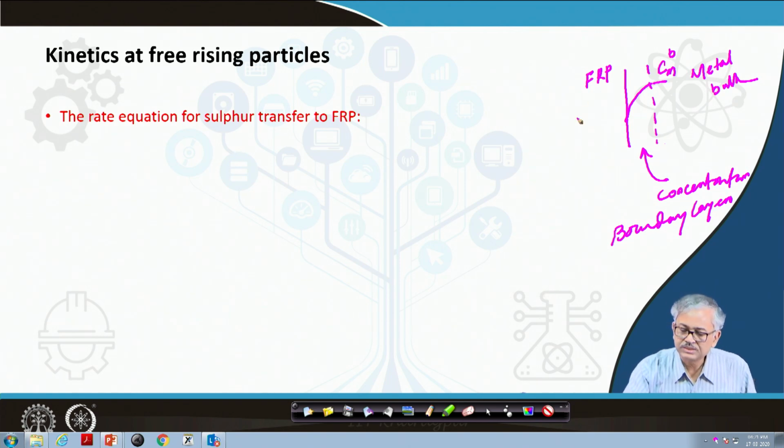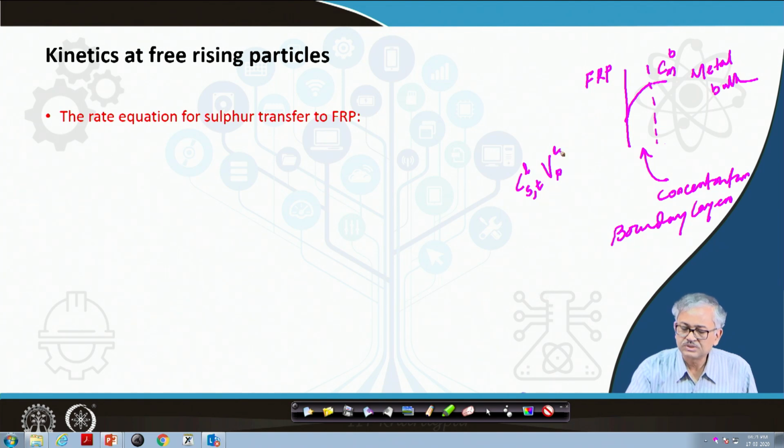So whatever the change is, if you do a mass balance, that is the amount. Suppose let us consider in the free rising particle, initially you have CS, you can consider it as CS liquid, okay? Initially at time T you have this concentration into the volume of the liquid particle.